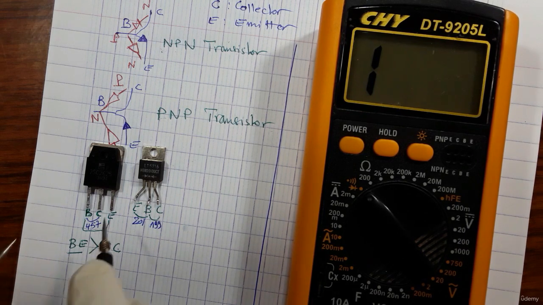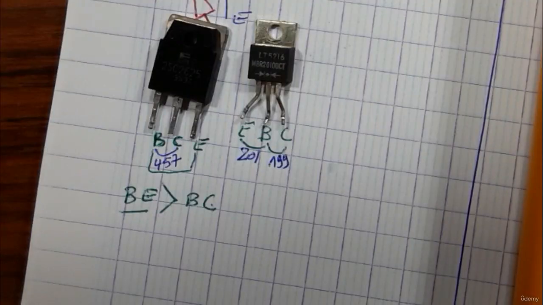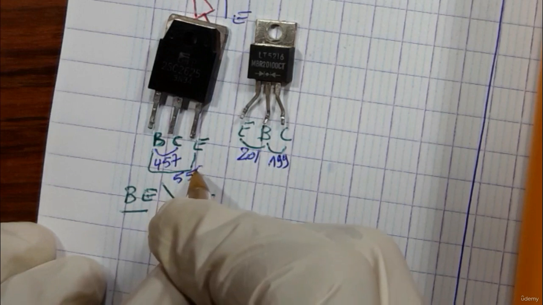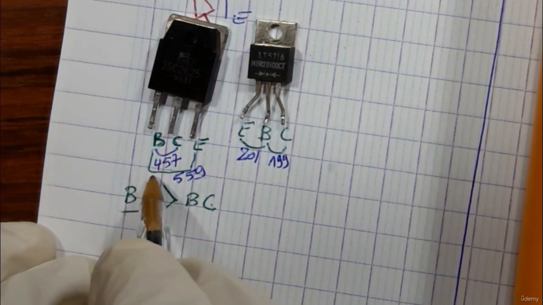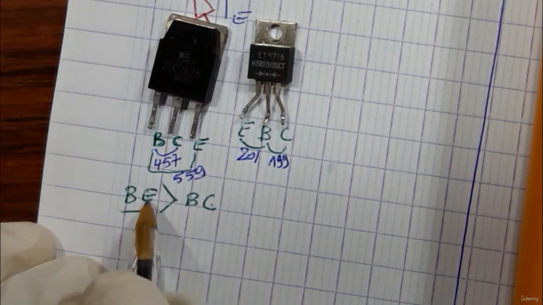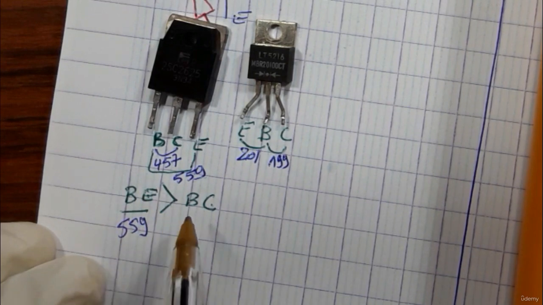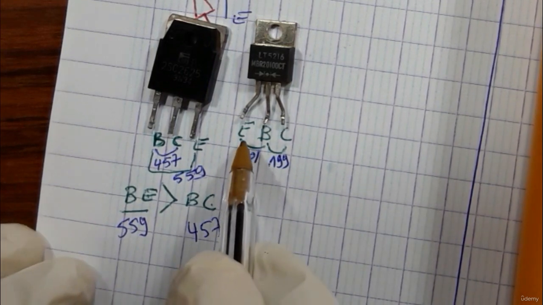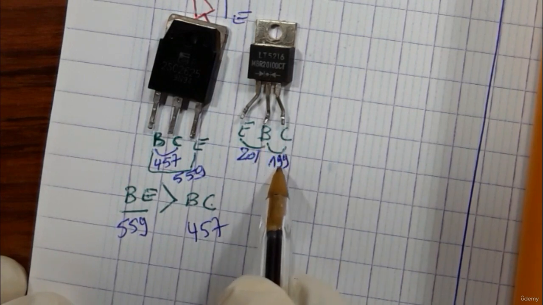Let's check it out. 559. So this value is greater than this. As you see, base emitter 559 is greater than base collector 457. The same principle here. Okay, here we have base emitter 201, base collector 199.